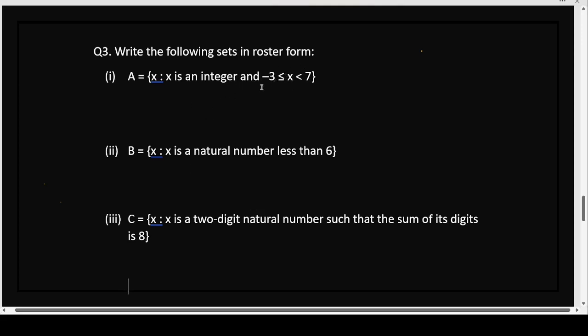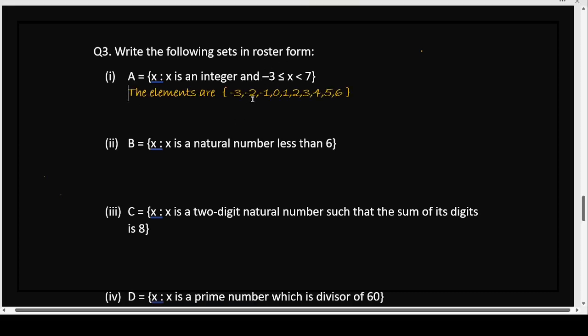You can say -3 is included and 7 is not included. From -3 to 6, all integers are elements of this set in the roster form. The elements are -3, -2, -1, 0, 1, 2, 3, 4, 5, 6.